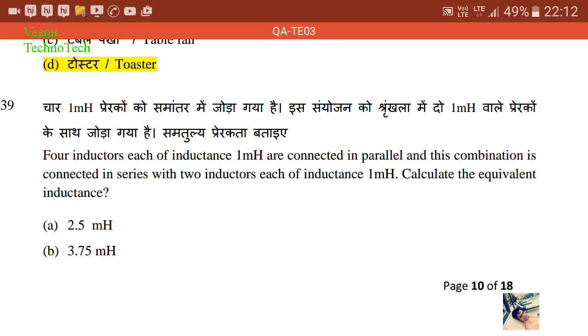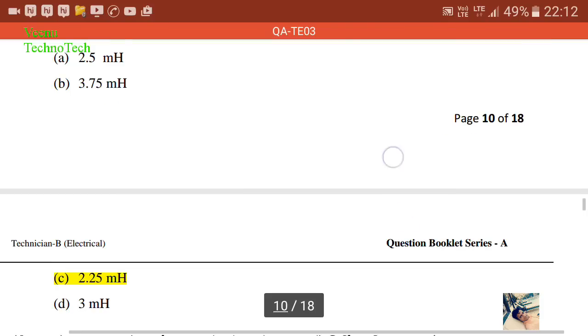So for the first four inductors connected in parallel, the inductance becomes 0.25, and then two inductors are in series, 1 plus 1, so 2 millihenry. These 2 plus 0.25, so correct answer is 2.25. Correct answer is C.